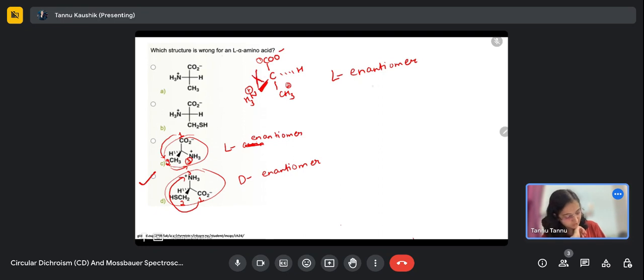The representation is wrong. COO minus, H, NH3 plus. This is CH3. 1, 2, 3. So this is L enantiomer.